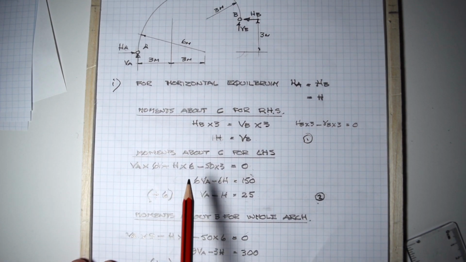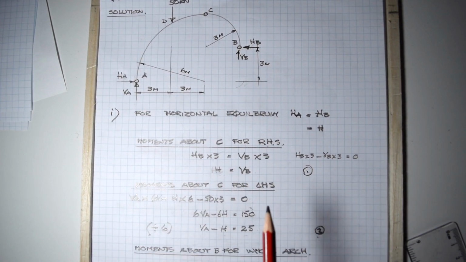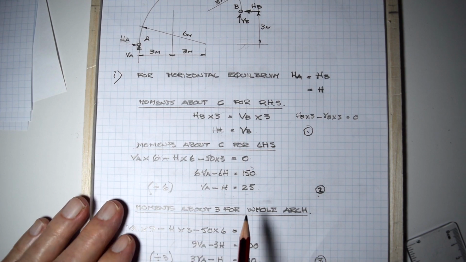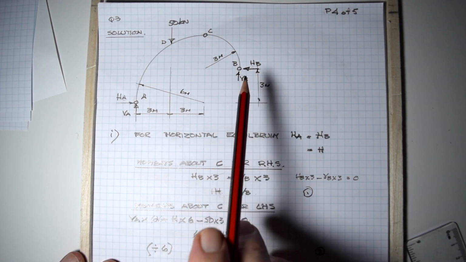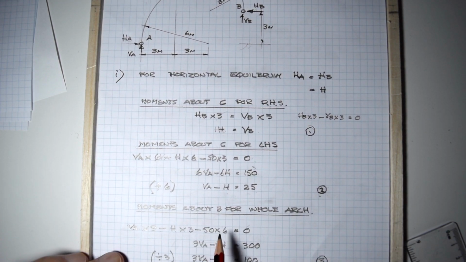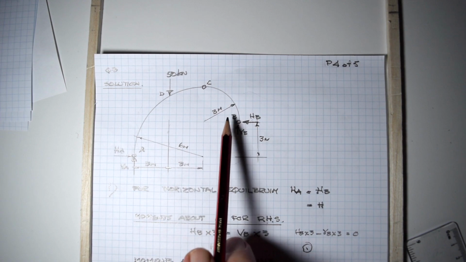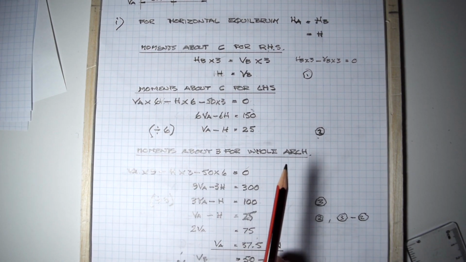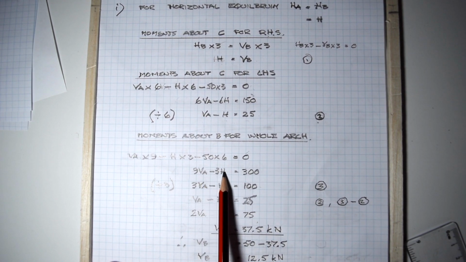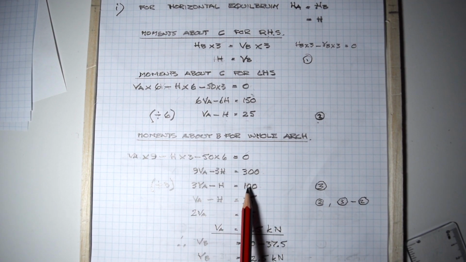We've got VA times 9 meters, minus H times 3 meters, going anti-clockwise around there, minus 50 times 6 meters, going anti-clockwise around B. And when we solve that equation, 9VA minus 3H equals 300, we can simplify it by dividing through by 3: 3VA minus H equals 100.